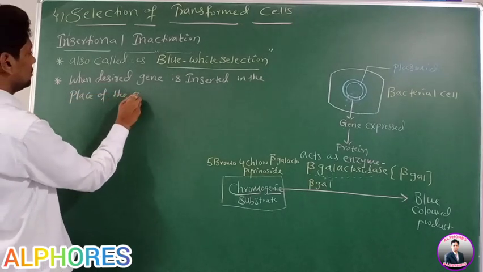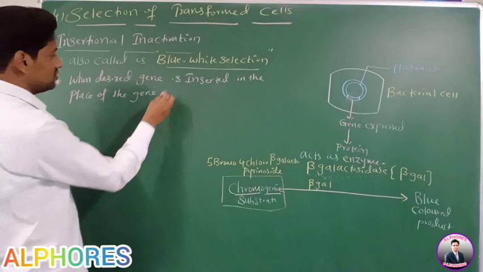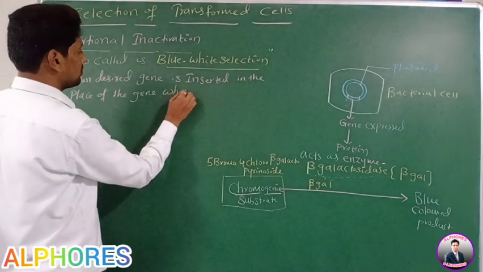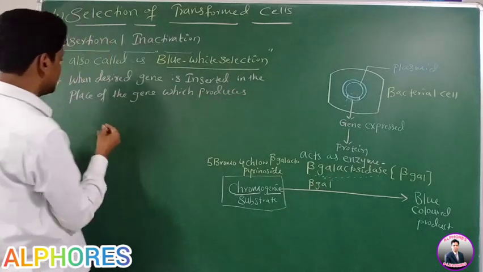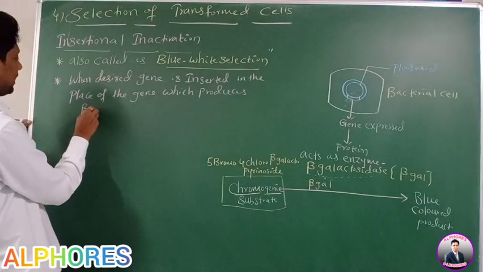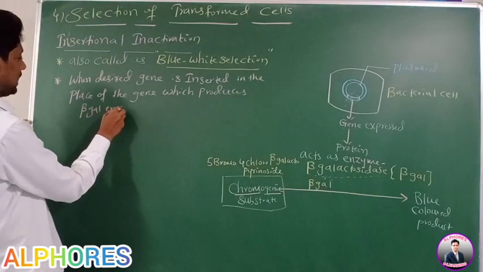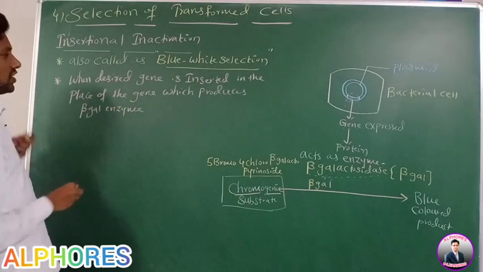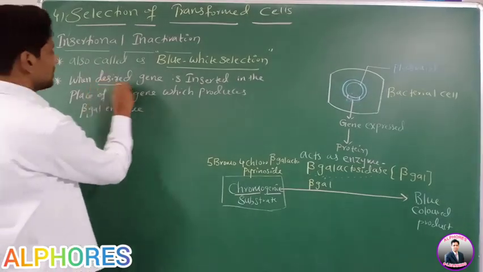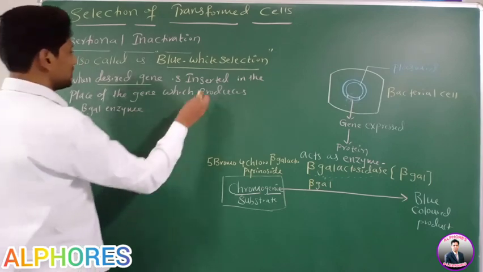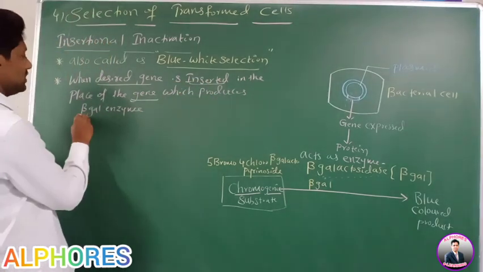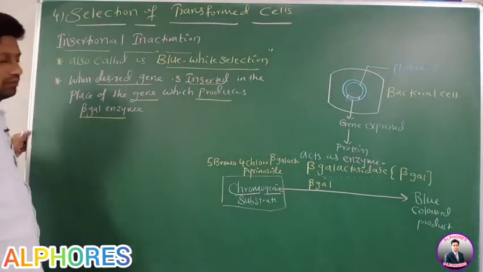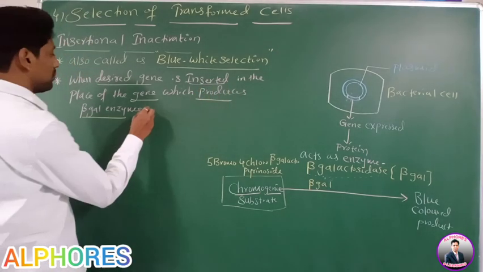In the place of the gene which produces beta galactosidase enzyme. See this statement? What we inserted? We inserted the desired gene. Where we inserted this desired gene? In the place of the gene which produces beta galactosidase enzyme. Is it okay? Then what happens?